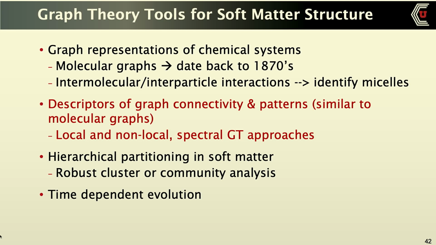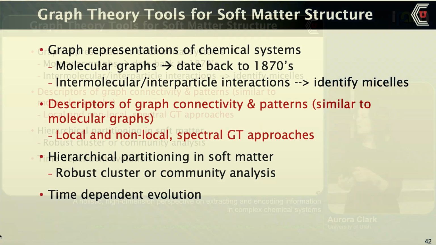So we've done a little bit of work on graph descriptors, not in the context of molecular graphs, but in the context of intermolecular interactions, where if we make graphs of intermolecular interactions, this provides a basis for us to then understand things like soft matter structure.